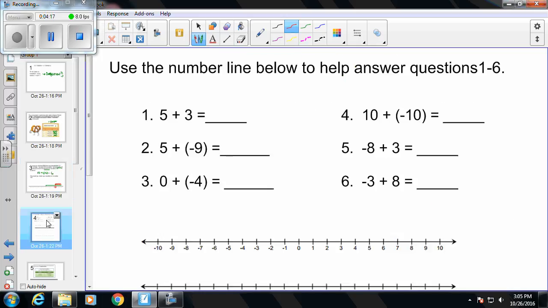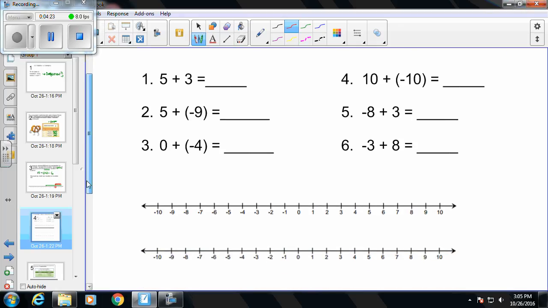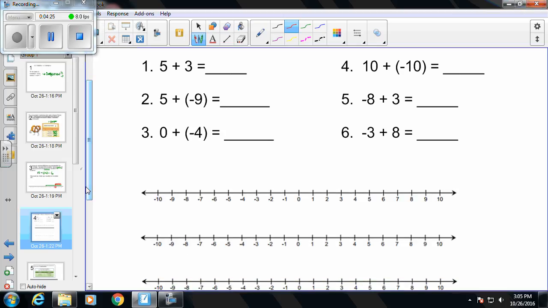So let's do a couple of these here on the number line together. Then you can work on the rest on your own. So start at 0, plus 3. So 5, I add 3 more. That takes me to 8. Okay? Not so bad.